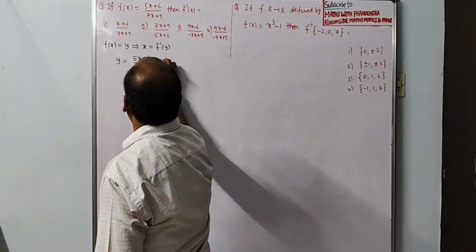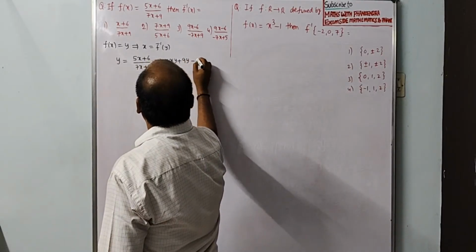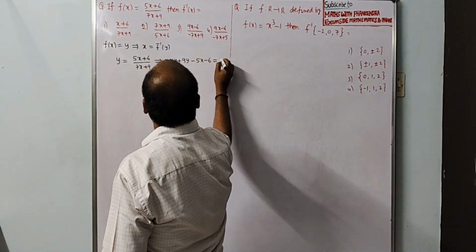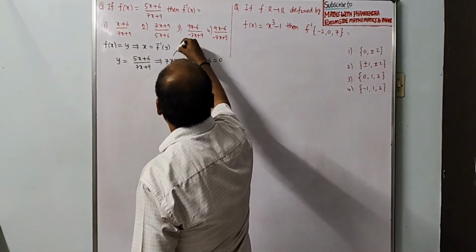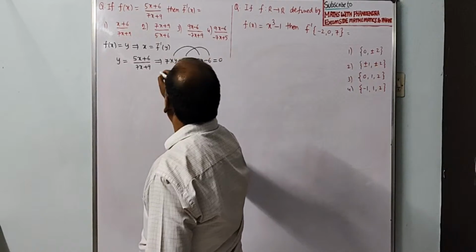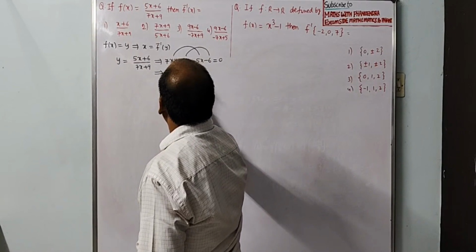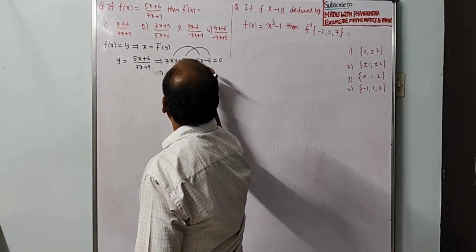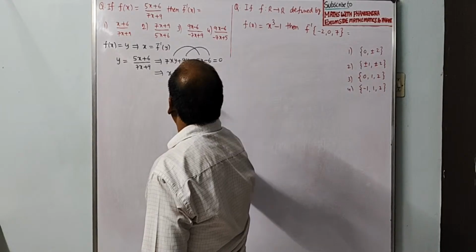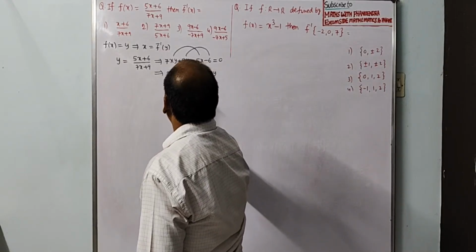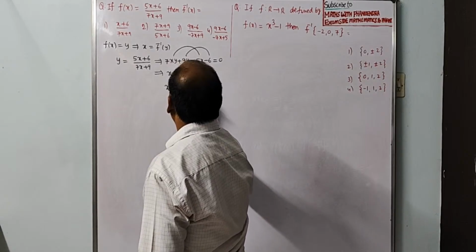So cross multiply: 7xy plus 9y minus 5x minus 6 equal to 0. So from these two x take out common, 7y minus 5 is equal to minus 6 bring this side plus 6, 9y bring this side minus 9y. So x is equal to 6 minus 9y divided by 7y minus 5.